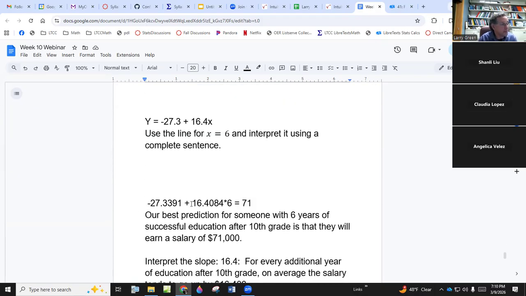So if you plug in 6, I got 71. So our best prediction for someone with 6 years of successful education after 10th grade is they will earn a salary of $71,000. Notice this is just a best prediction. You can't say that, hey, you will earn $71,000 if you have 6 years of education after 10th grade. This is only a prediction.